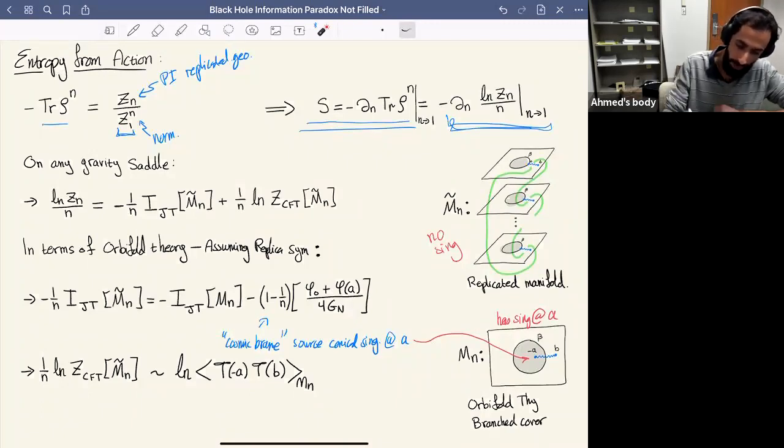Okay, and so that's what the gravity part does. And the matter action, what it does, from the orbifold theory's perspective, is simply look like you are computing a twist field correlation function.